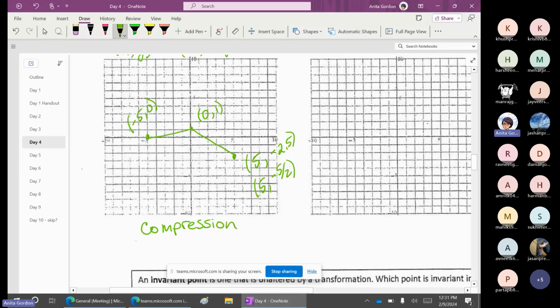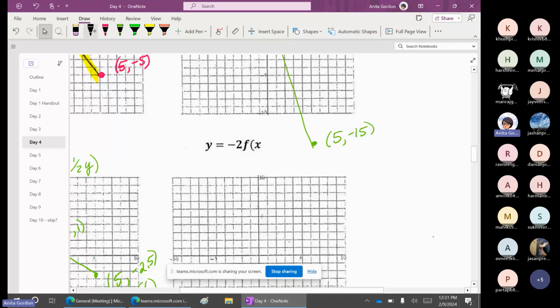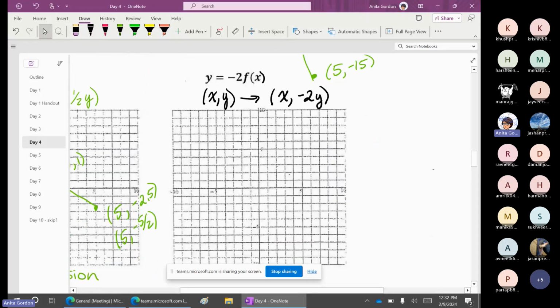All right, last example. Now I'm going to take my XY coordinates. What are we doing here? It's a reflection, and is the negative going to be on the X or the Y? It's going to be on the Y because it's on the outside. So this is X, -2Y, or -2 times Y. Okay, again, focusing on the Y coordinate, where is my first point? -5, 0.